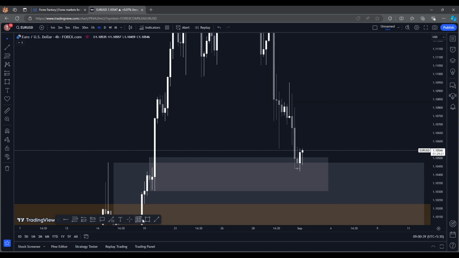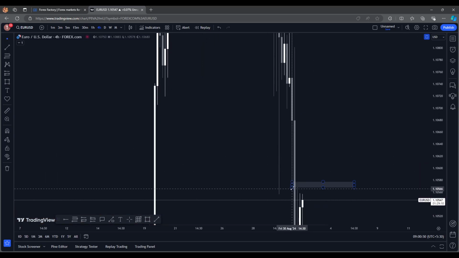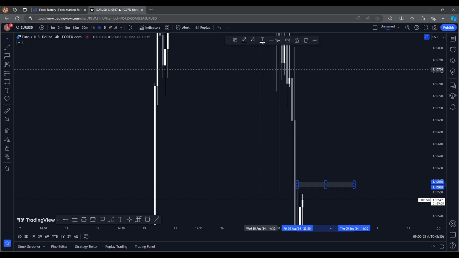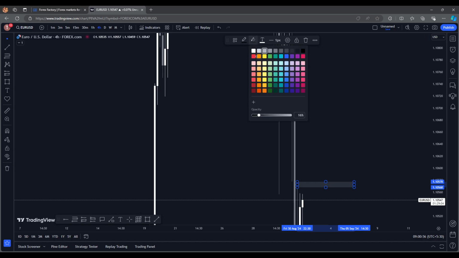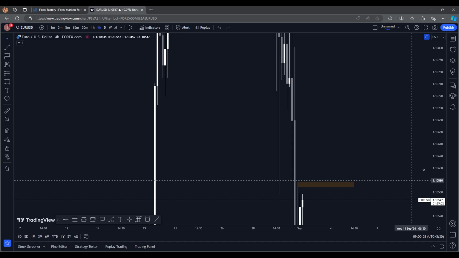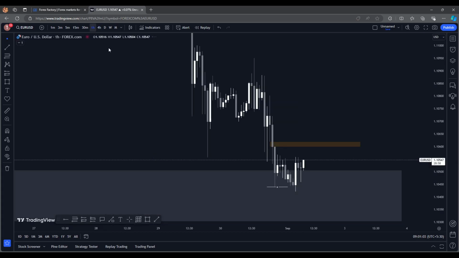Firstly, I'll be marking this FVG of the 4 hours. Okay, let's zoom it a bit. There we go. Now that this FVG has been marked, let's move to the 1 hour.